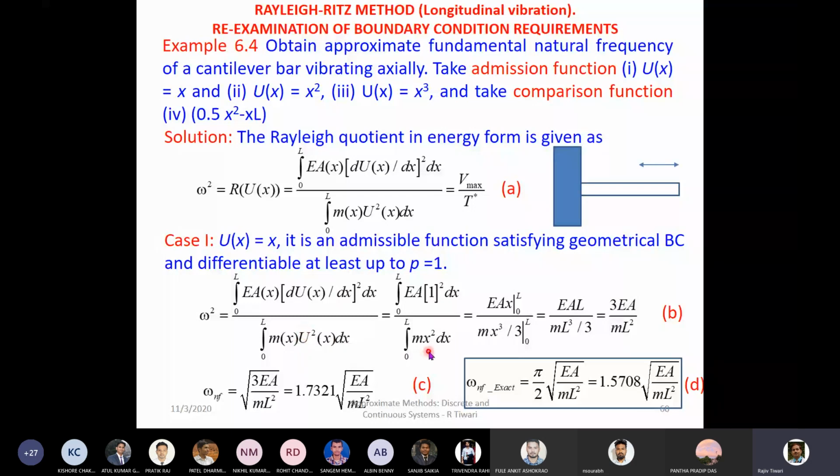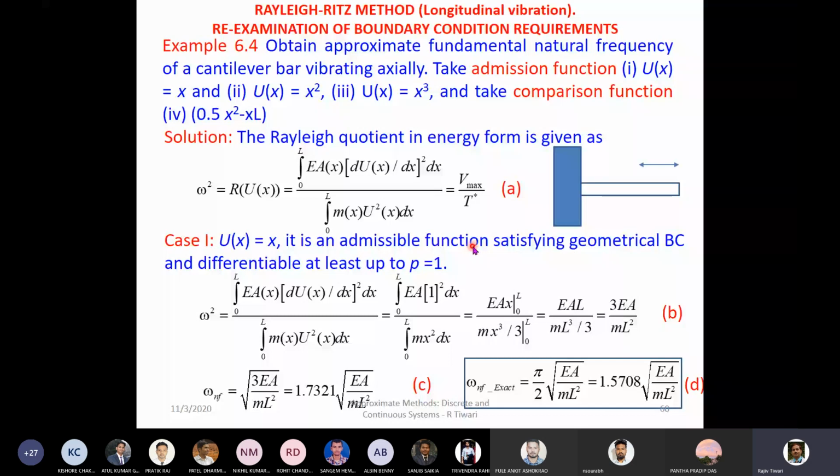If we integrate this, we get x cubed by 3, and if we solve, we get 3a by ml square. Taking the square root, the fundamental natural frequency of this system is 1.7321 under root a by ml square. This is the natural frequency we got by just taking the simplest admissible function.